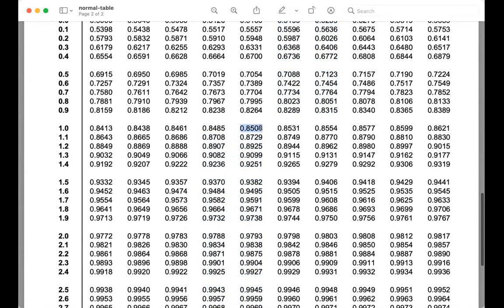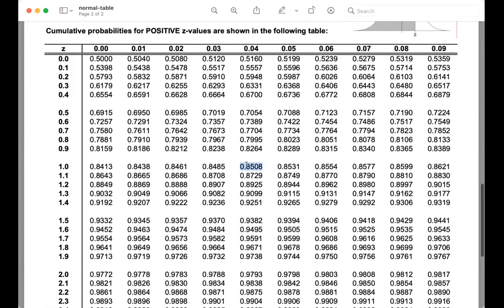Okay, I think I found it here. So 0.8504. We don't want to choose this number because this is further away, and this is very far from 0.85, because you look at the difference from the value that you're looking for.